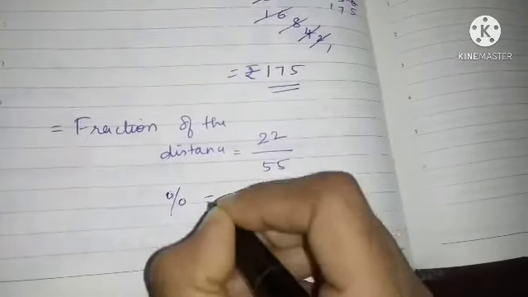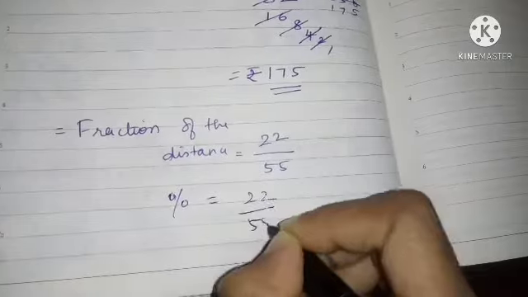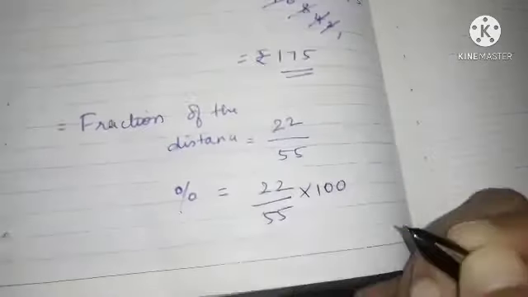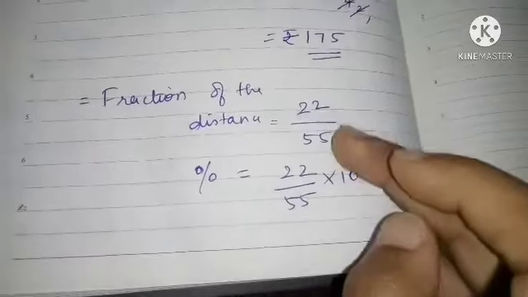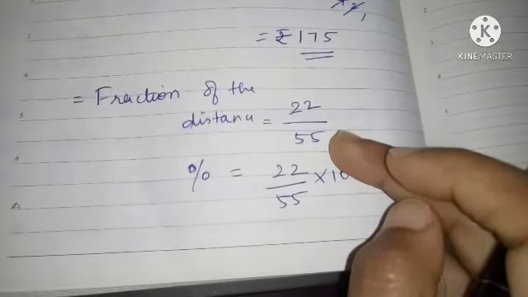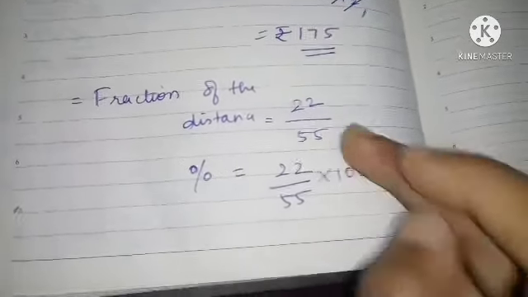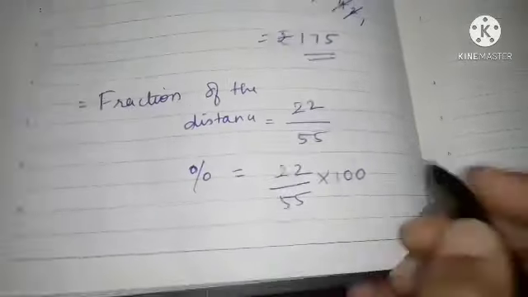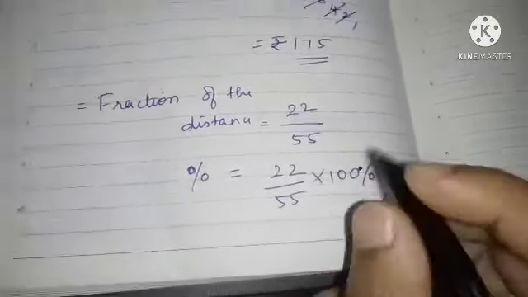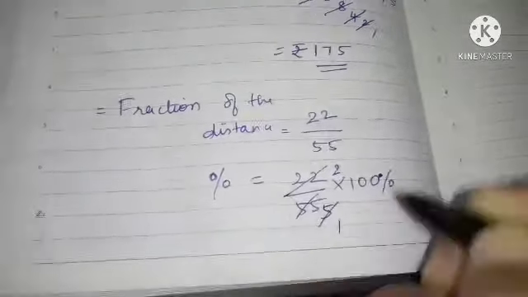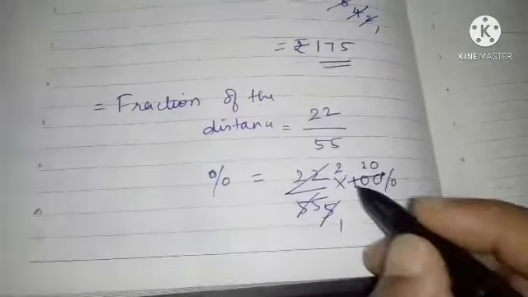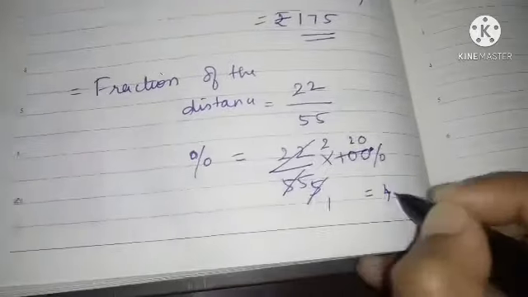Percentage means 22 by 55 into 100, correct? If you want the percentage, multiply by 100%. 5 ones are 5, 5 twos are 10, 2 twos are 4, about 40%.